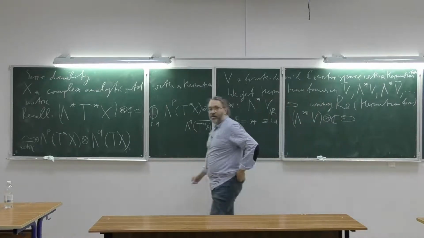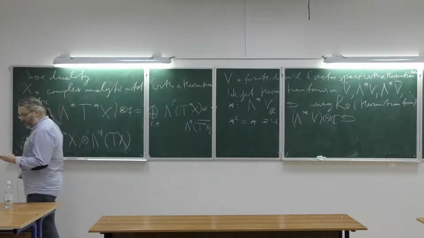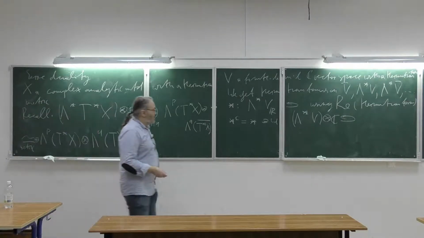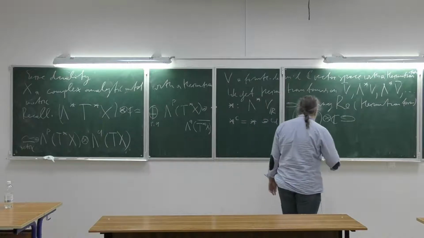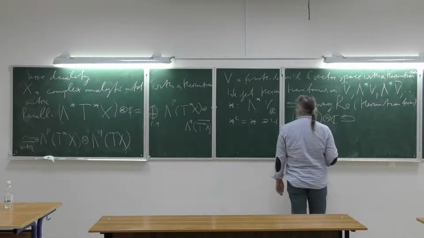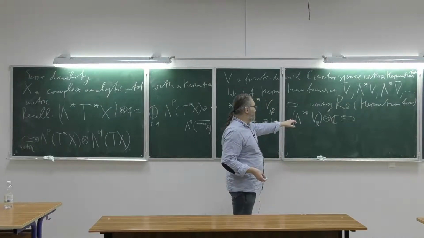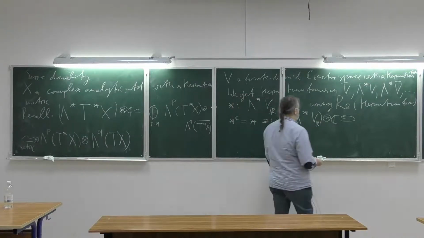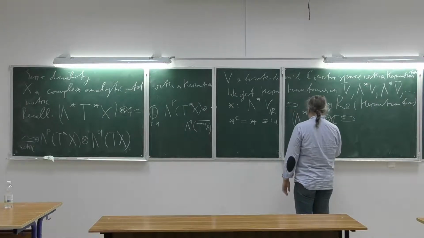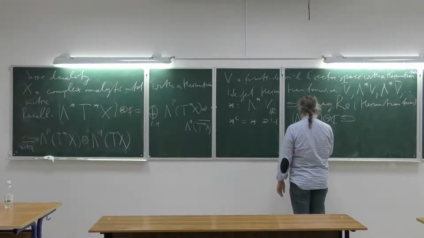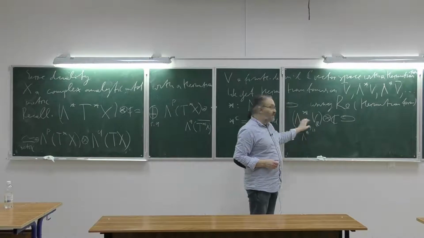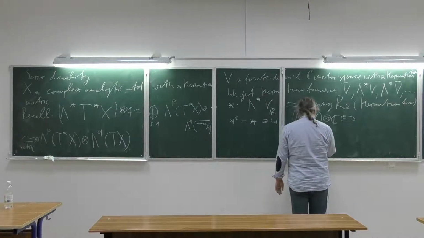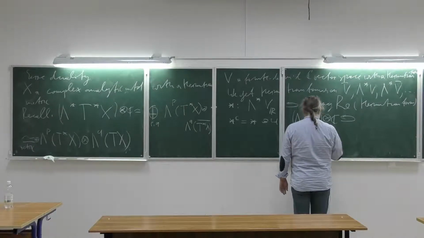The result will go from the complexified algebra to itself, or which is the same as, okay, so this is lambda, and this is lambda.